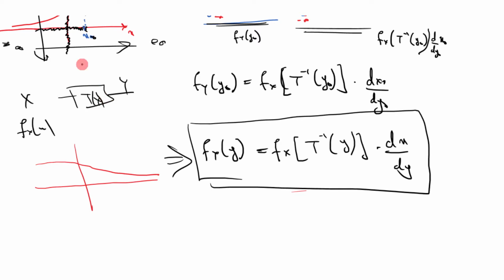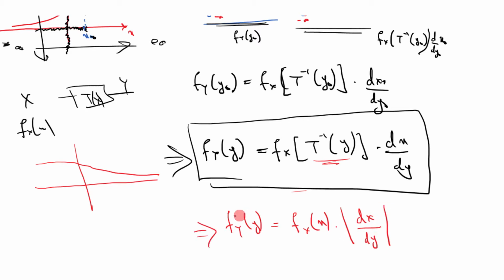So no matter whether you are using a monotonically increasing or decreasing transformation, the expression for the density function of your output fy of y will always be equal to fx of x, with x equal to this thing, into the magnitude of dx over dy. This will be your final expression.